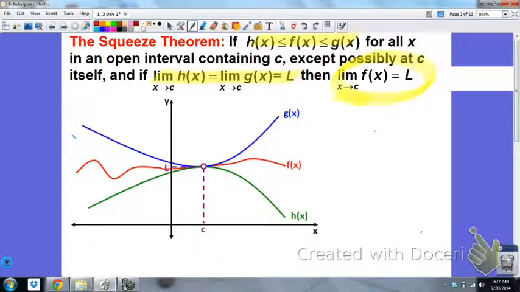Reason being, our f of x function is between h of x and g of x. So if the limit of h of x is the same as the limit of g of x, and f of x is between h of x and g of x, then they all have equal limits.